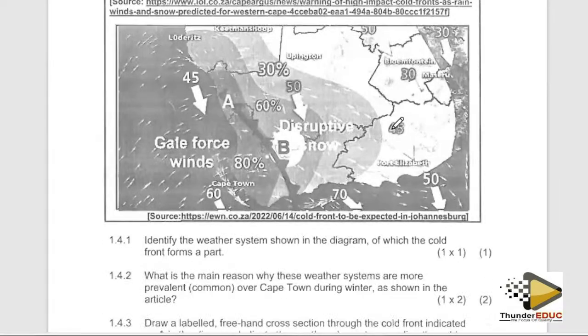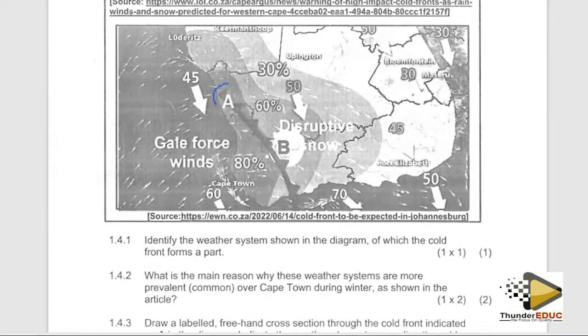So question 1.4.1 says, identify the weather system shown in the diagram of which the cold front forms part. So this was a good question or an easy question. You can see the diagram.